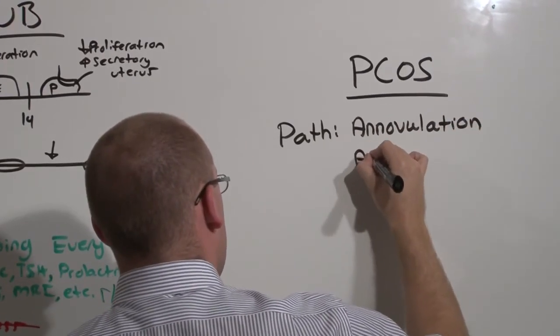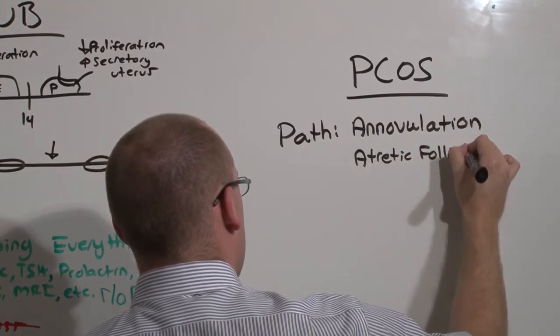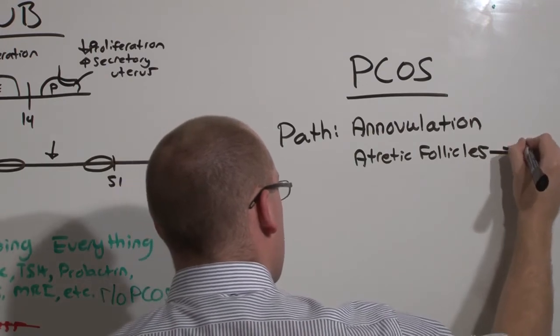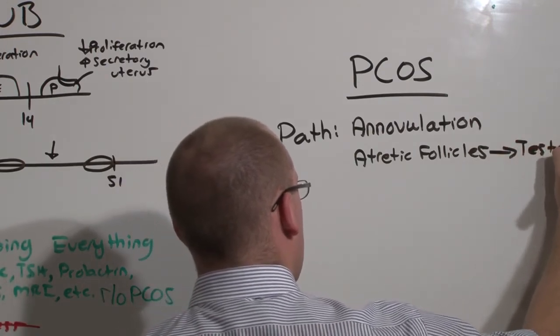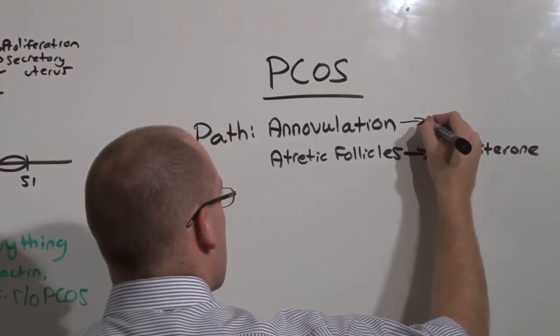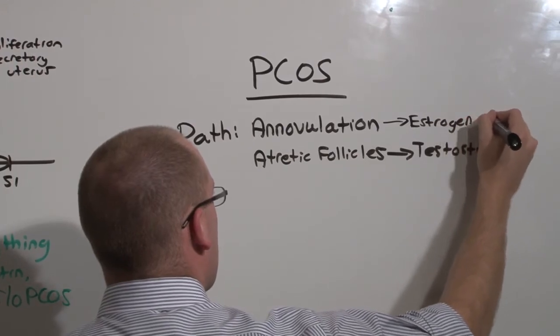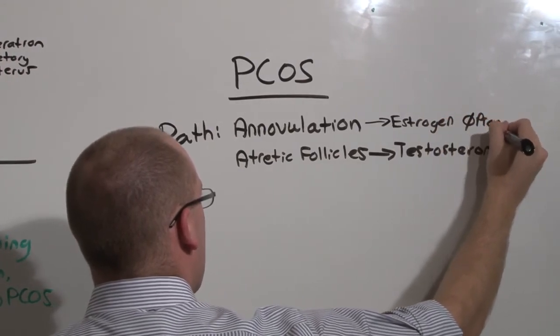In its place are thousands of atretic follicles. They produce testosterone. And anovulation produces a lot of estrogen, but because there's no ovulation, there's no progesterone.